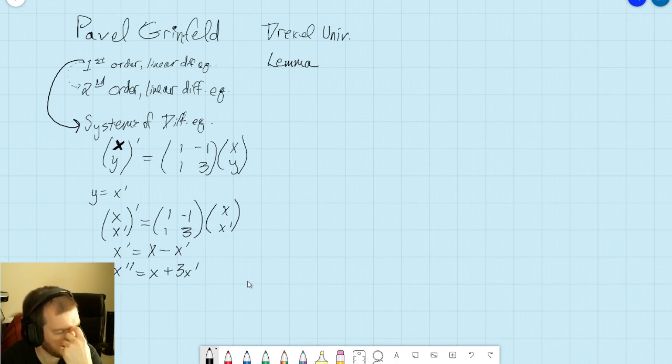Something about that isn't quite right, but it's not a huge deal, I don't think. We'll see how it goes. So this one is 2x prime is equal to just x. This is x double prime minus 3x prime minus x is equal to 0.